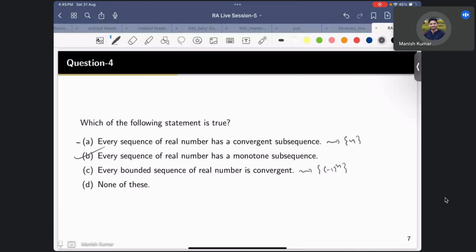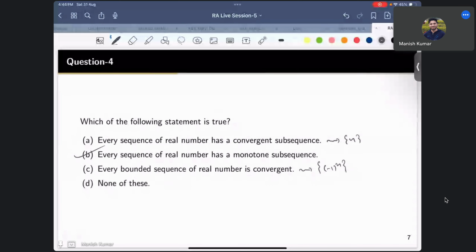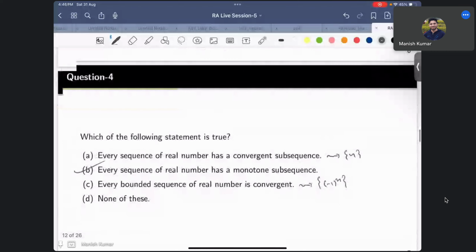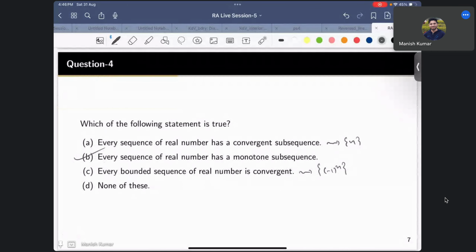Now coming to the B part, someone said that this is true. Do you know the proof? Have you seen the proof of this in the lecture? I'm not sure. Have you seen the proof for the B part?